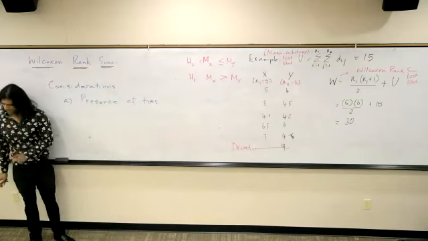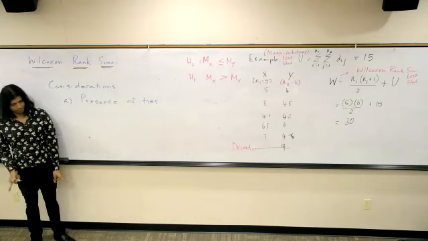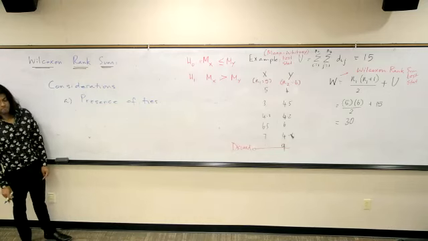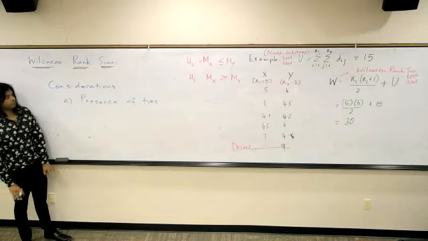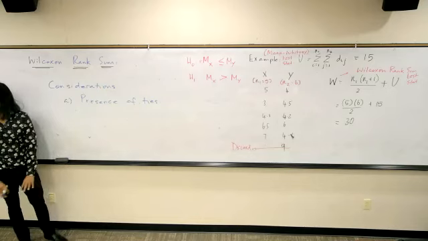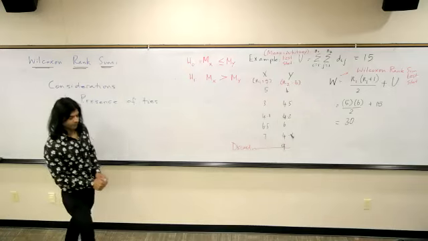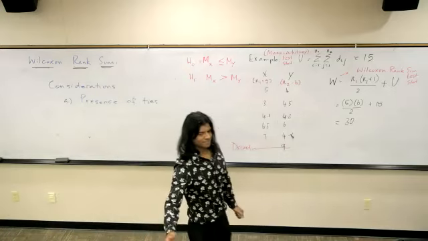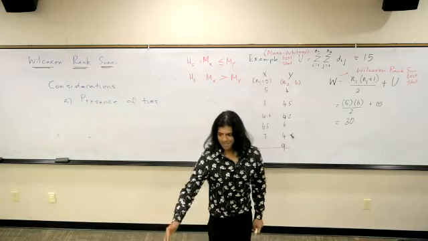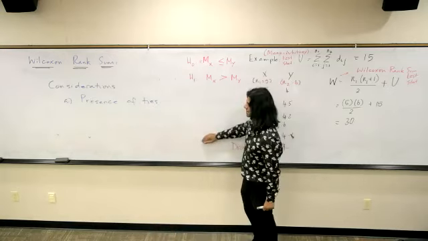Presence of ties is going to affect your conclusion. In this class, we will do the case where we don't have ties. We want to keep it simple. When I assign the reading, I hope you read. Phoebe. Yes, hello.